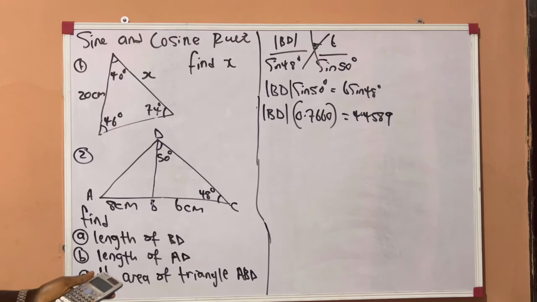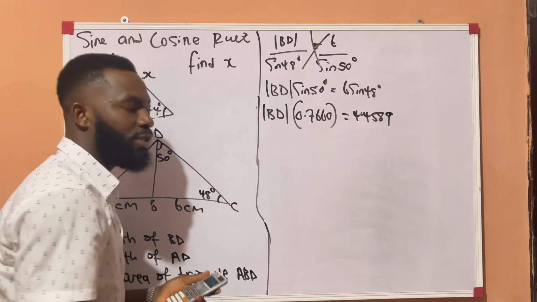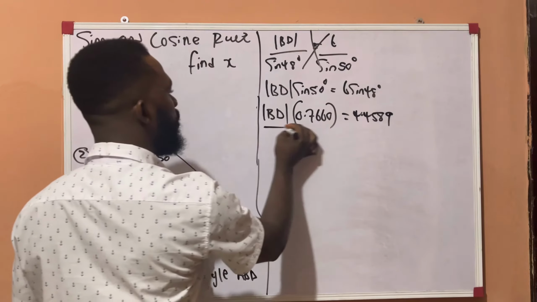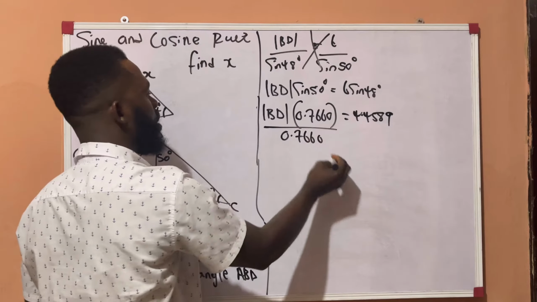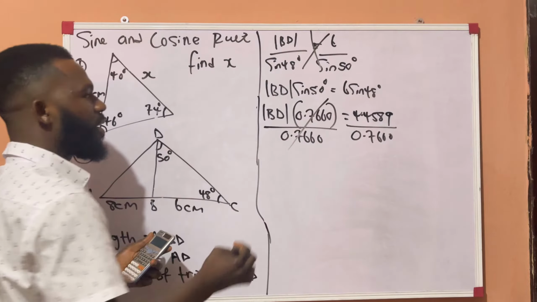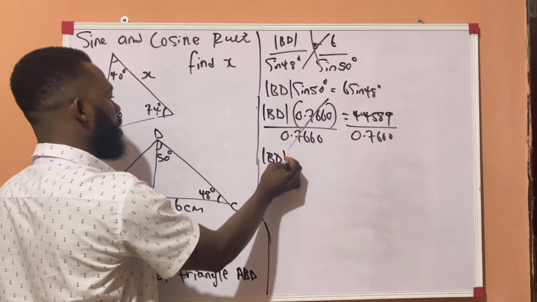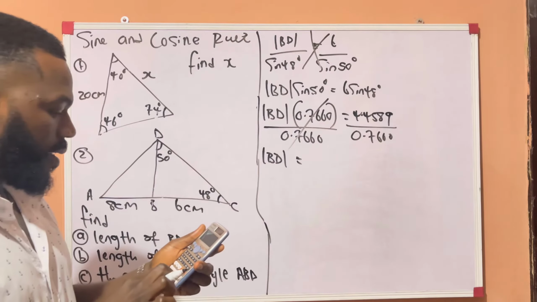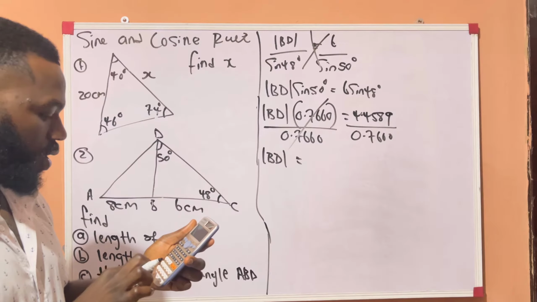Now we are looking for line BD, and for us to get BD, we have to divide both sides by 0.7660 to make BD stand alone. Now when 0.7660 cancels out, I have BD is equal to 4.4589 divided by 0.7660.